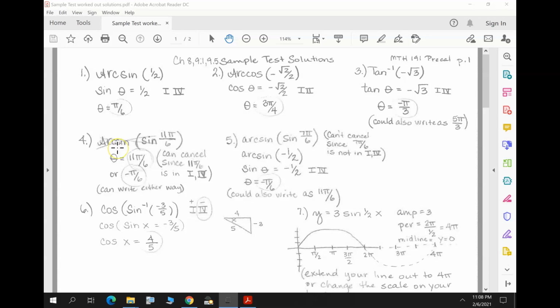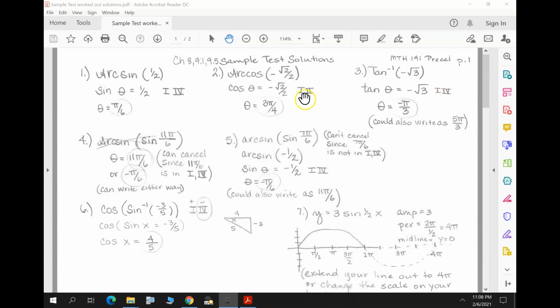For the next one, we have the arc sine of the sine of 11 pi/6. Now, because these are inverses, you can cancel them whenever this value is within the designated region. What do we mean by that? Again, arc sine is 1 and 4, and arc tan is 1 and 4.